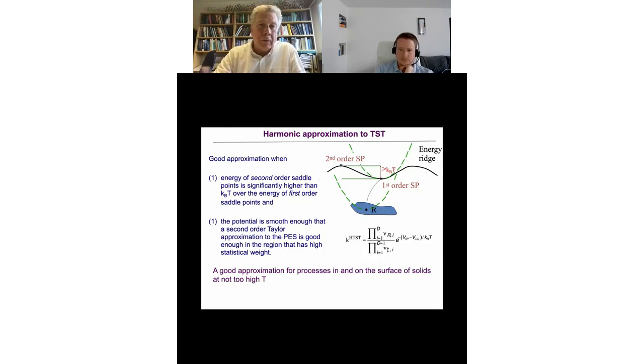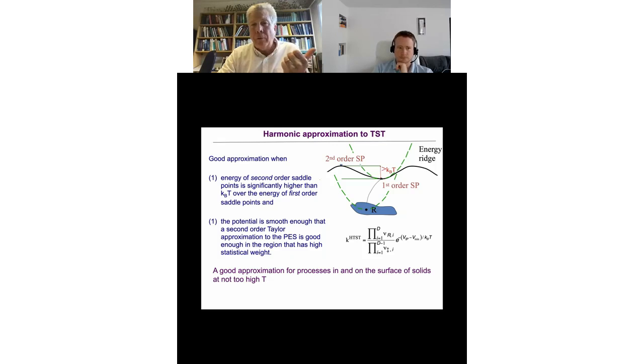By doing a second order expansion of the energy surface, first at the initial state minimum, and then at the saddle point, one can derive the harmonic approximation to transition state theory, which is given there. The activation energy is the saddle point energy minus the energy at the initial state minimum, and the pre-exponential factor is related to the vibrational frequencies at the saddle point within the dividing surface and at the initial state minimum. And this works fine for solids and surfaces at not too high temperature.